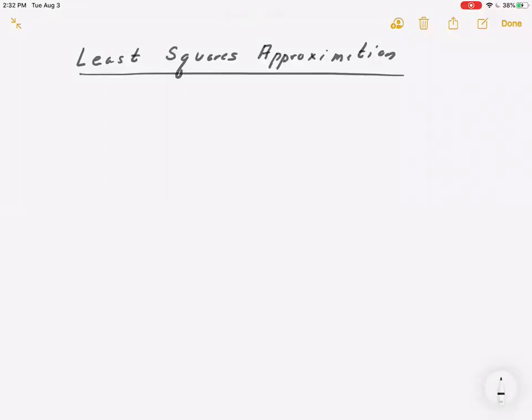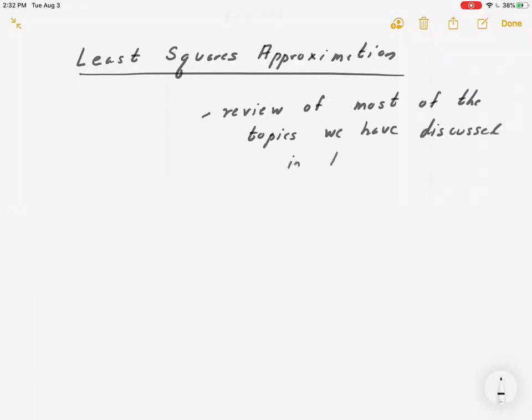So this is a neat topic to discuss because it's going to involve a review of most of the topics we have discussed in this linear algebra course so far, or at least this introductory course. We certainly haven't talked about everything that's involved in linear algebra, but we talked about some of the key basic ideas.